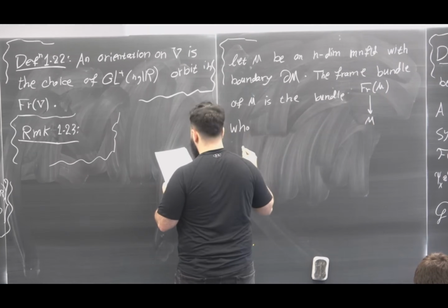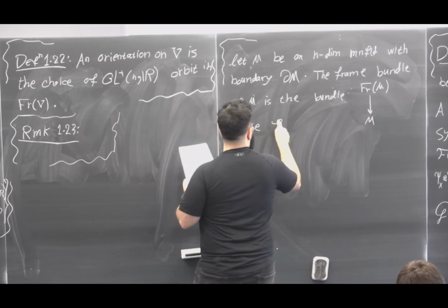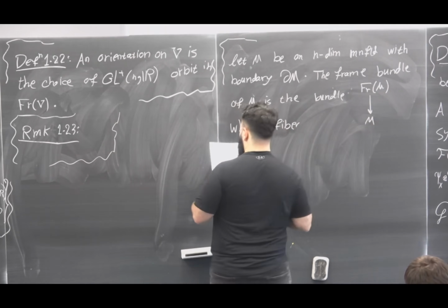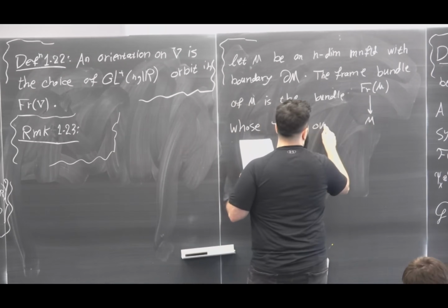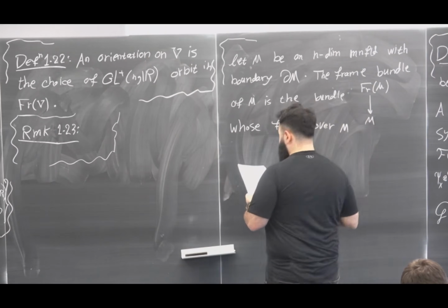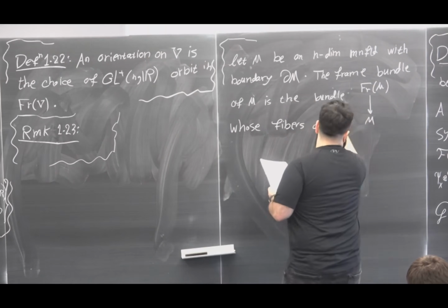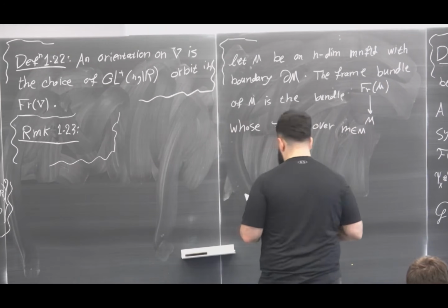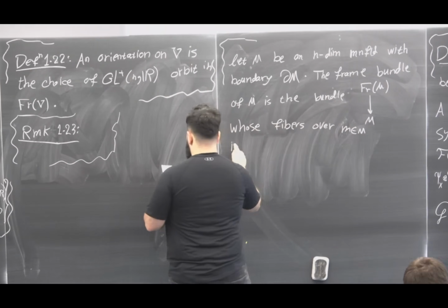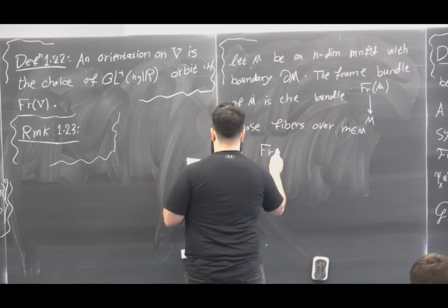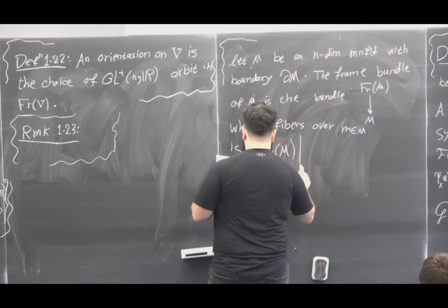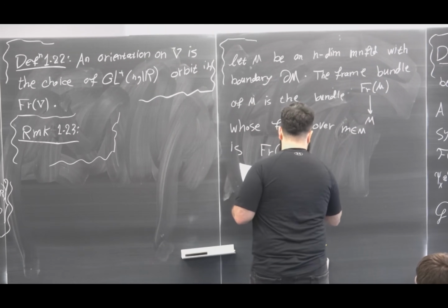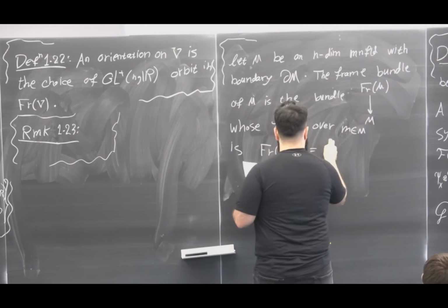How do you write whose? Fibers over m, elements of our base space or manifold, is the frame bundle on the manifold restricted to m.